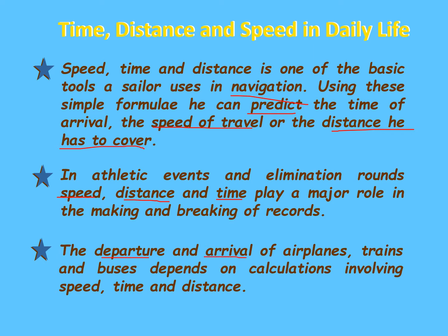How did they know that? They use the formula of speed, time, and distance to calculate your departure and arrival time. So these are examples of speed, distance, and time in our daily life.